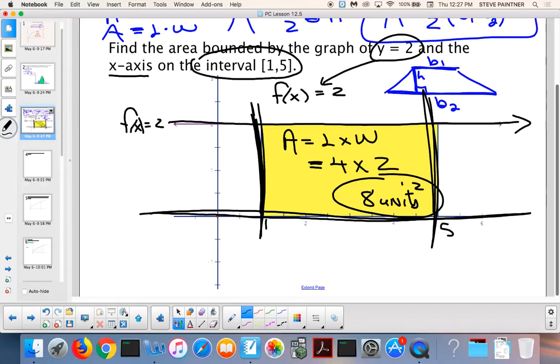Why is that so easy? It's a rectangle. So if I give you a function that is a constant number, like 2, it forms a rectangle. It's going to be super easy for you. How many of these are on the test? None. So you're not going to get that.